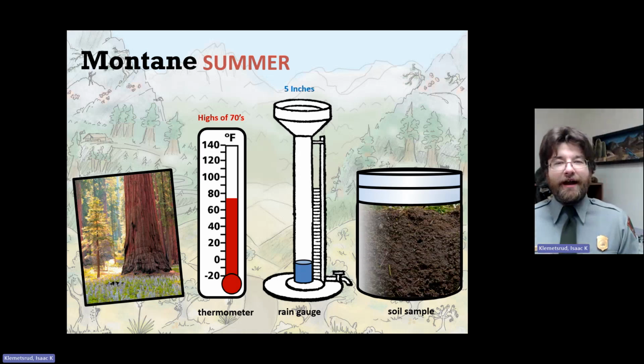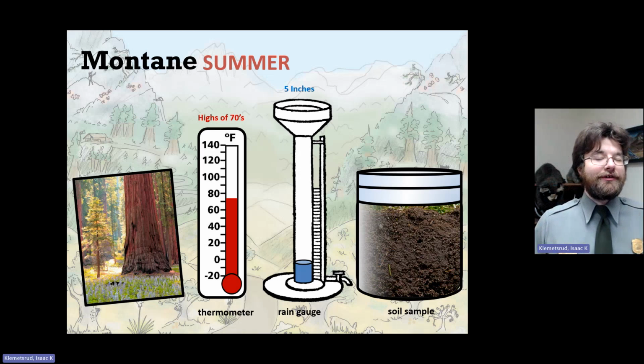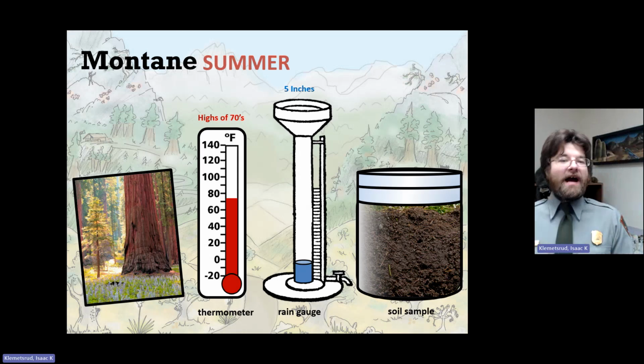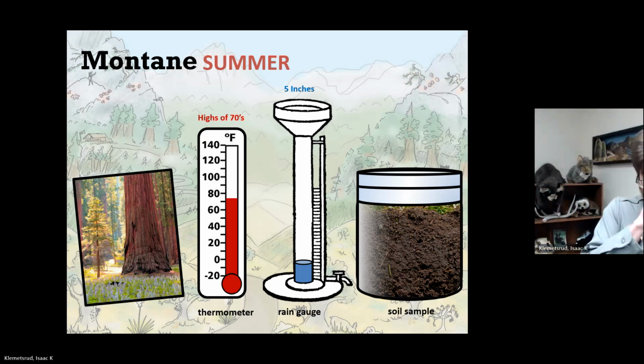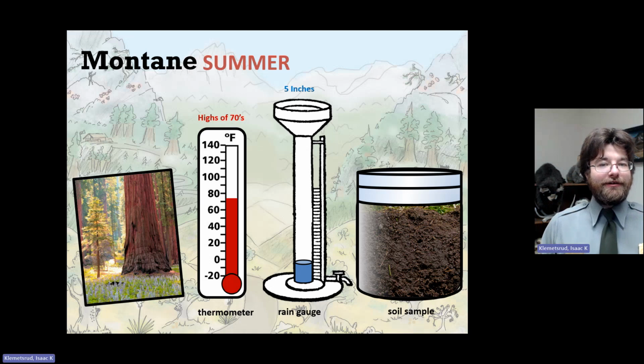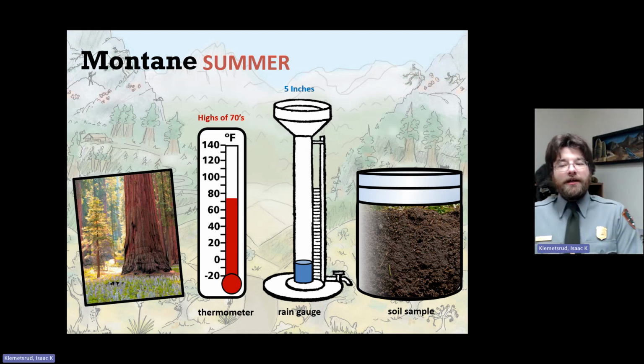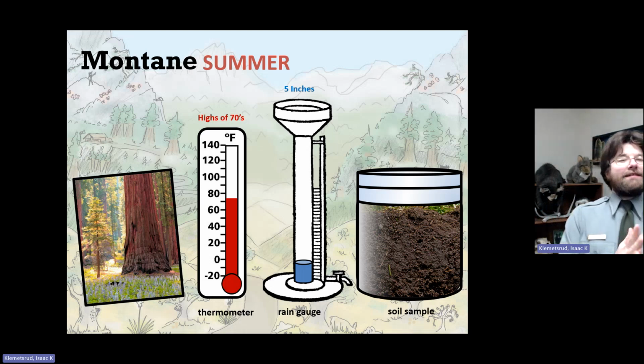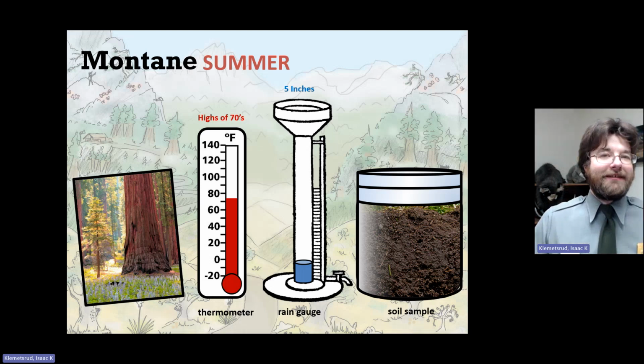Normally, it'll be around 60 degrees during the summer, and we'll get about 5 inches of rain. Now, because of that, our soil is a lot different looking compared to the foothills. That soil is a little bit more wet. It's kind of fine and soft. If you picked it up, it would probably feel like the ideal soil to start planting in.